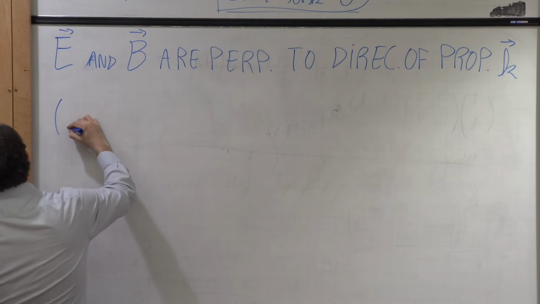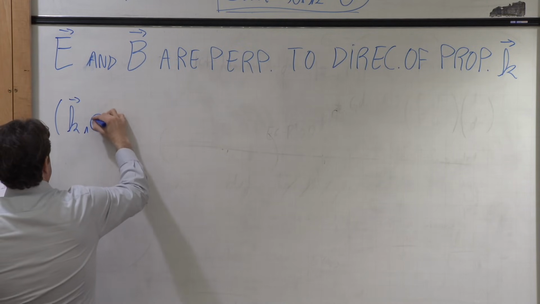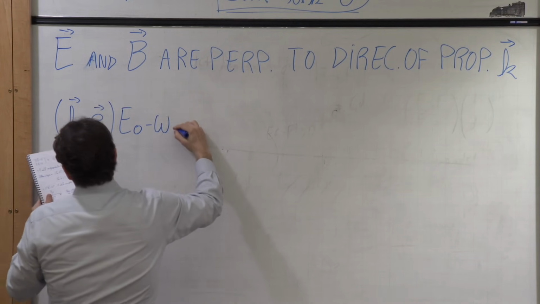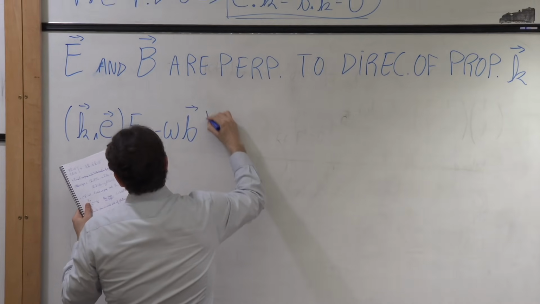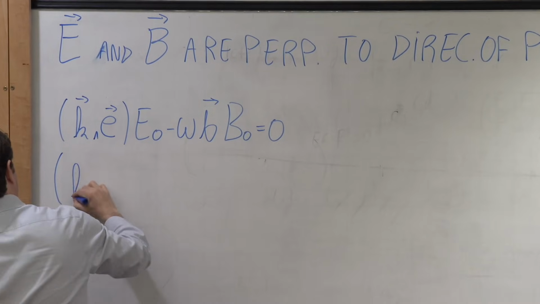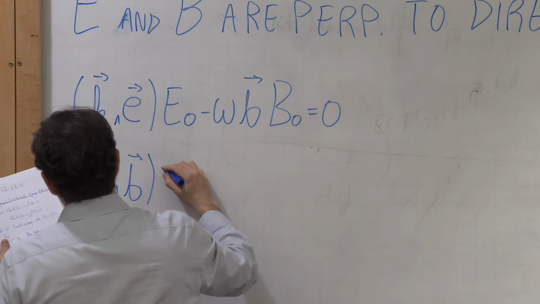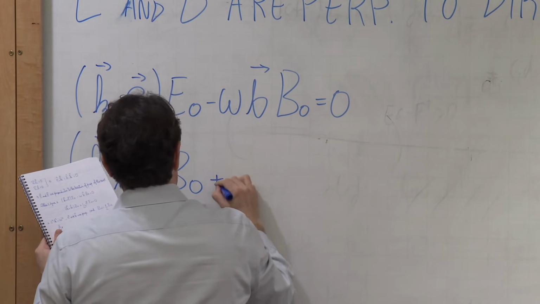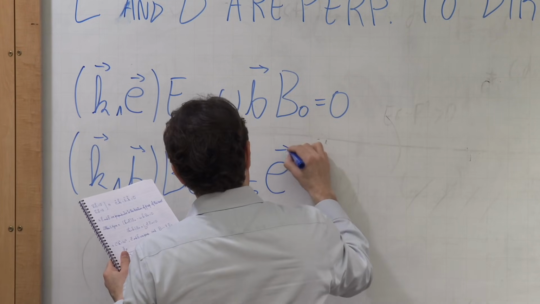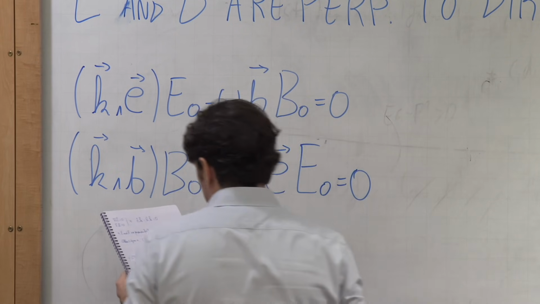So we get K wedge E minus omega B0 equals 0, and K wedge B0 plus 1 over c squared omega E0 equals 0.